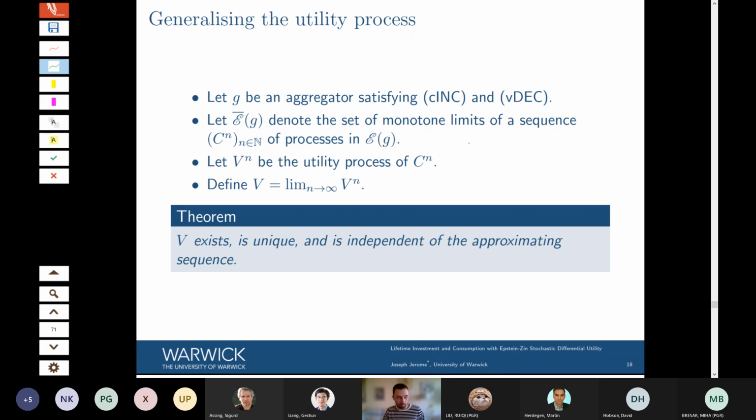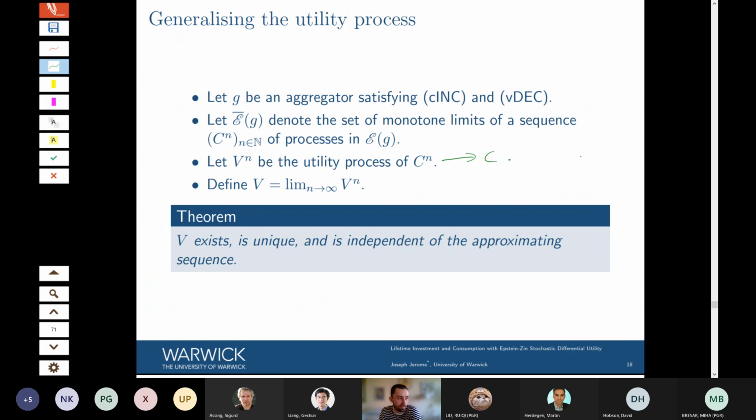And so we have the following theorem: this V actually exists, it's unique, and it is independent of the sequence that we've chosen to approximate C with. So Cn tends towards some C. You pick the C, and then you can find an approximating sequence. We're going to call this V the generalized utility process, because in some sense it's a generalization of the utility process.